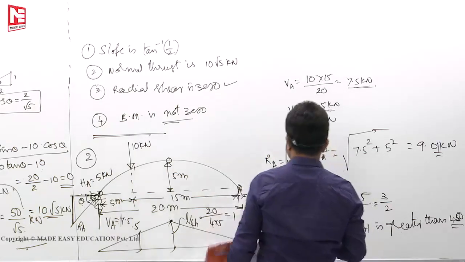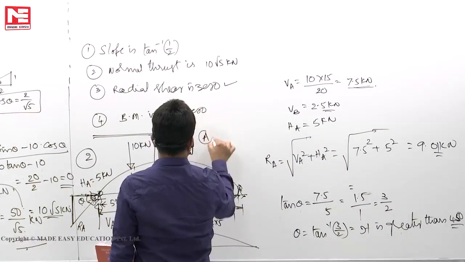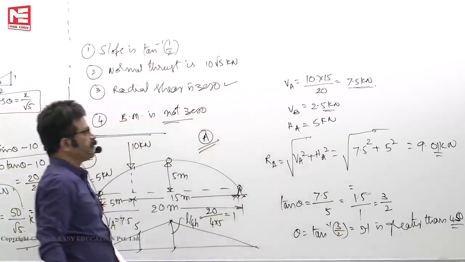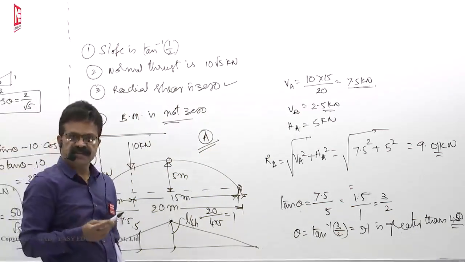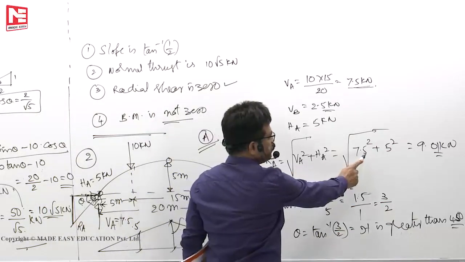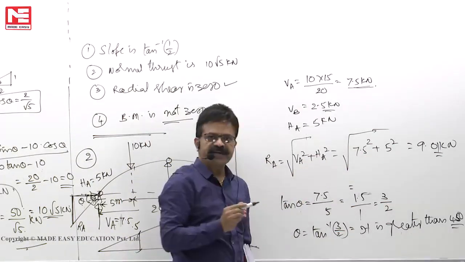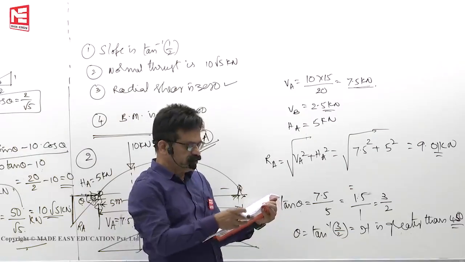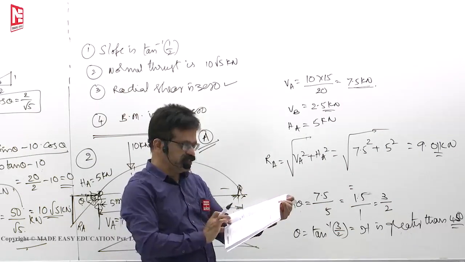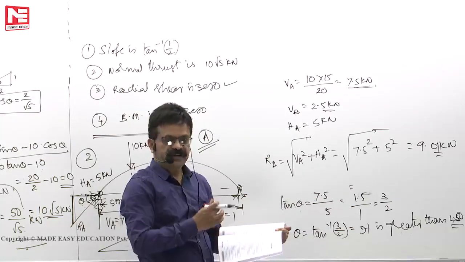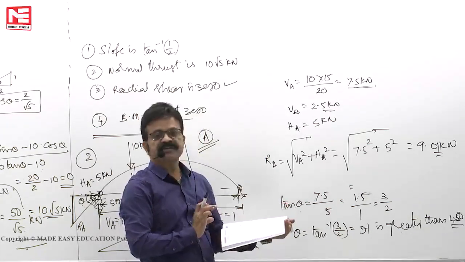So A is the option. To answer this question, because calculators are not permitted, square root of 7.5 square plus 5 square cannot be 7.5, cannot be 2.5. So C and D are ruled out. So it must be 9.01. Next, is it 56 or 33?